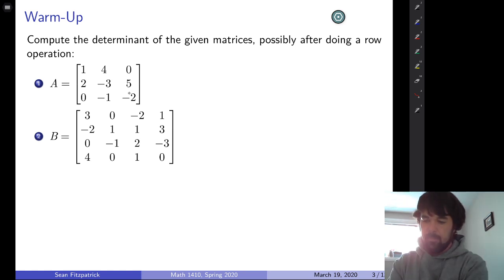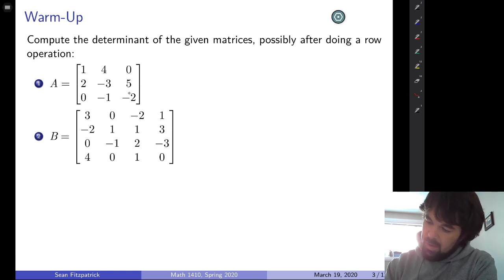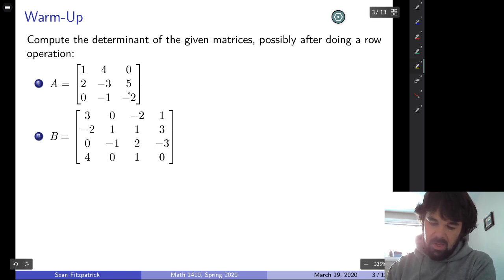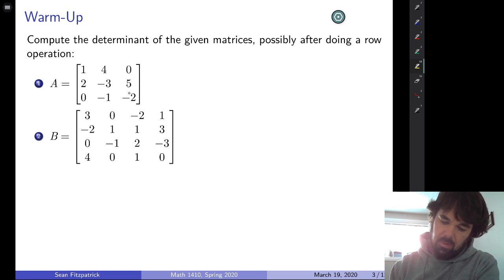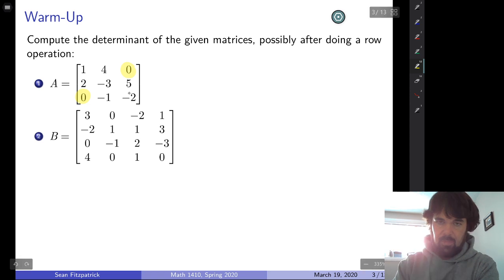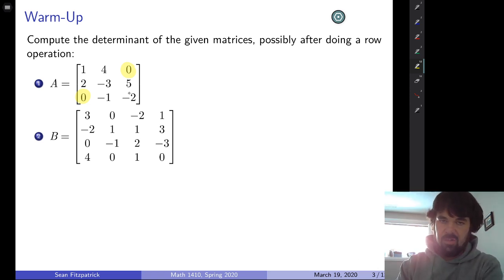So I'm going to do determinant A there, and I see a couple of rows with a 0 there and a 0 there. We know that in cofactor expansion, you want to pick a row or a column to expand along.